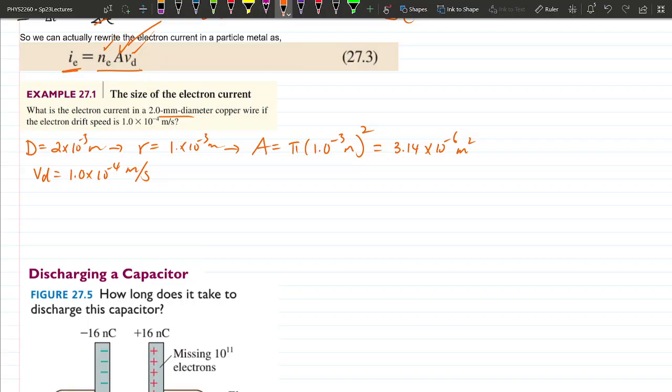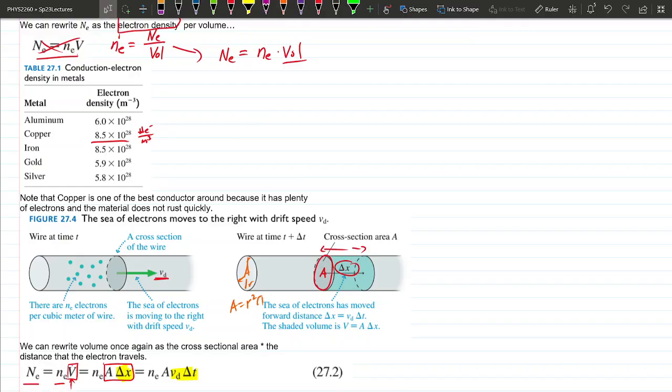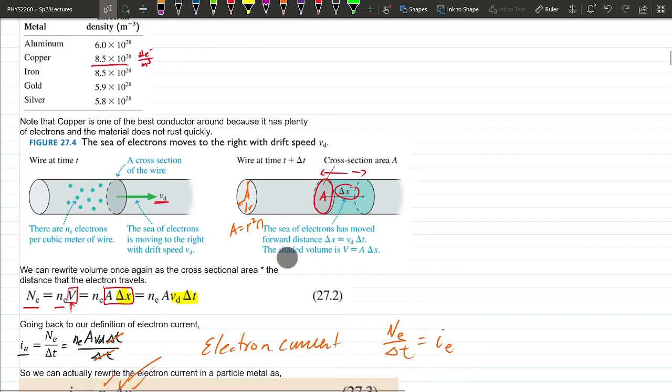What about the density of electrons? Is there any information that was given in the problem that I didn't read? Doesn't look like there's a number. Anyone? We know it's copper. And since we know it's copper, we go up to this table up here, and we just look up the number density of electrons in copper, which is 8.5 times 10 to the 28.